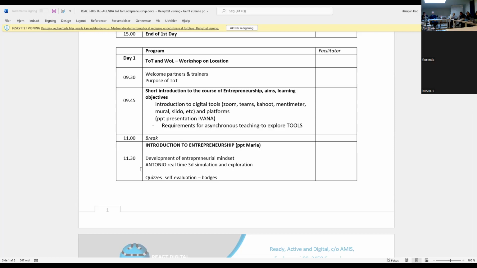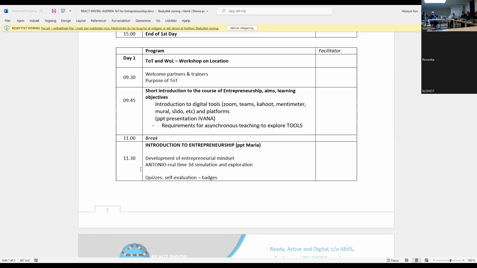Also in the pre-training, we will go with a general overview of all the courses, not only entrepreneurship, but when we start here, the topic will be entrepreneurship, how we have thought this would look, what we have planned to do with that, and then we will shortly introduce them again, but just to the tools that we will be using in the entrepreneurial part of the training.